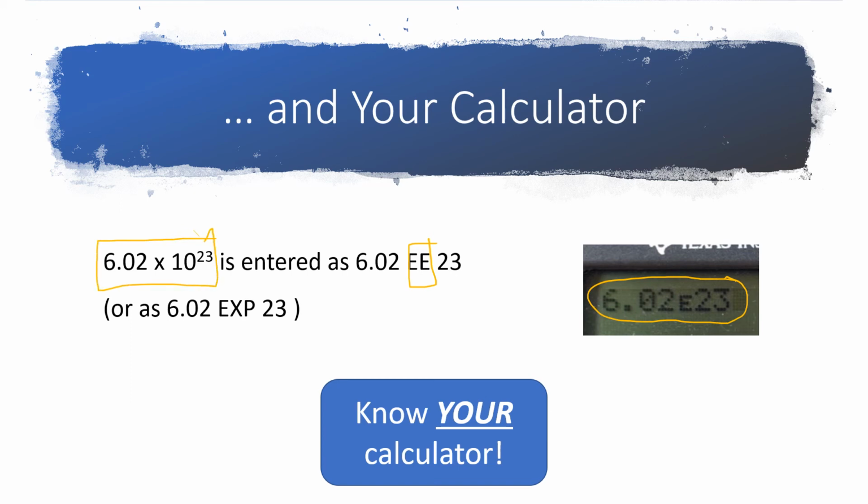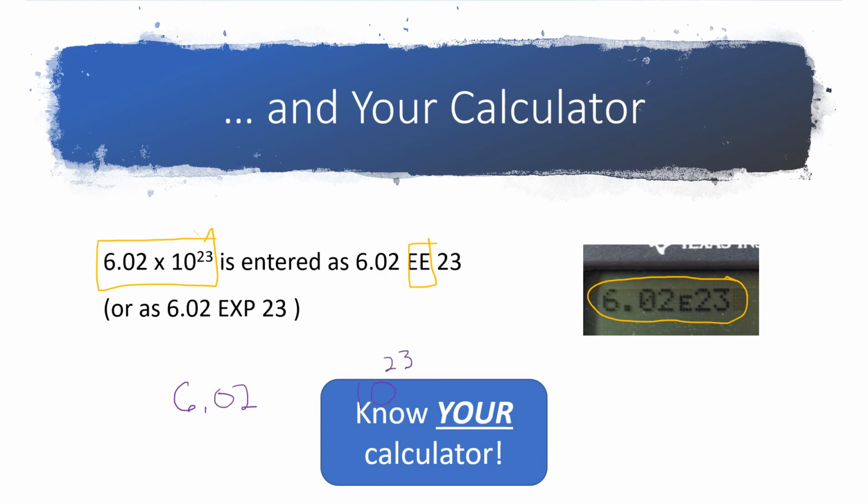just one number. If you use the other techniques that the calculators have for entering a number like this, typically the calculator divides this into two separate numbers. It thinks that 6.02 is one number and 10 to the 23rd is a separate number.